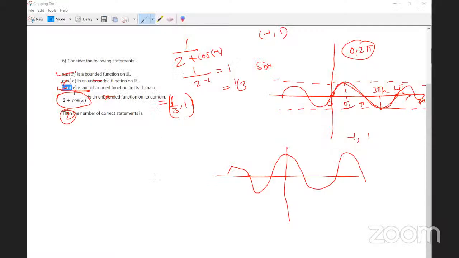So that is a wrong statement, right? Here we have to find out which of the following statements are correct. Okay, what is your doubt? I thought that it was bounded. My bad. Okay.